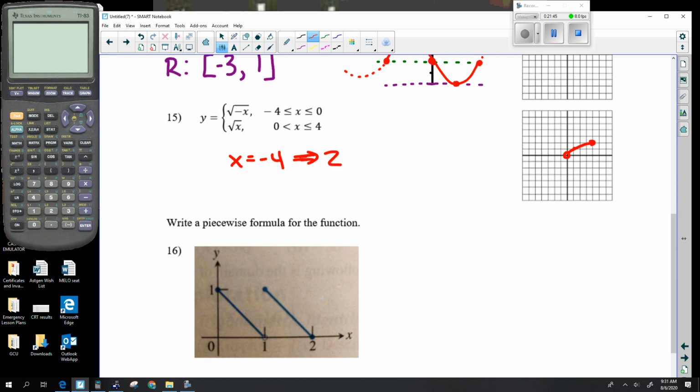So -4, +2. -1, +1, and then 0, that darkens in that center dot. So that's our picture. Domain, -4 to 4. Range, lowest is 0, highest is 2.